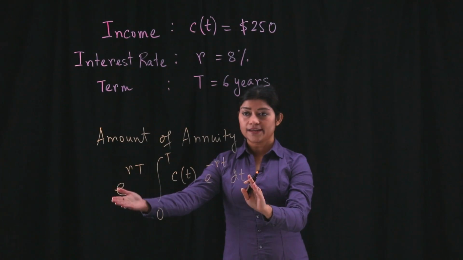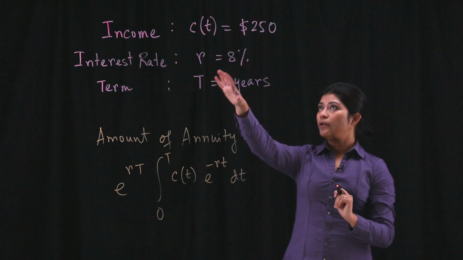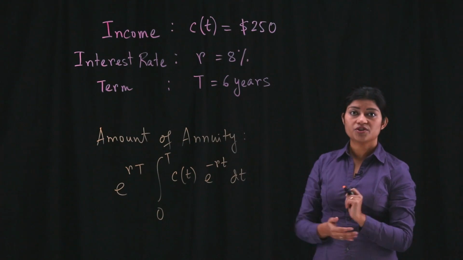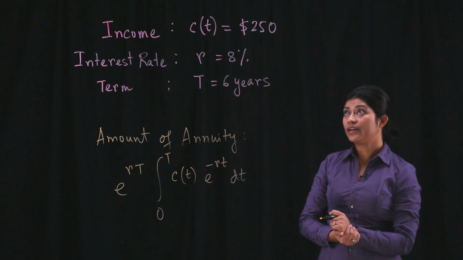So that is the setup. Now we just have to plug in all the different information that's given to us, and then we solve the integral and we'll have our answer.